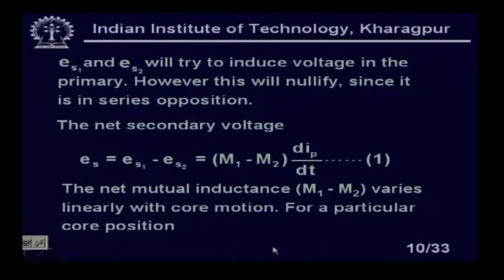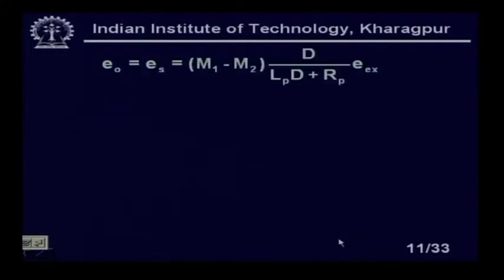The net mutual inductance M1 minus M2 varies linearly with the core motion. For a particular core position, E naught equals Es equals (M1 minus M2) D operator over (Lp D plus Rp) times Ex, the excitation voltage.